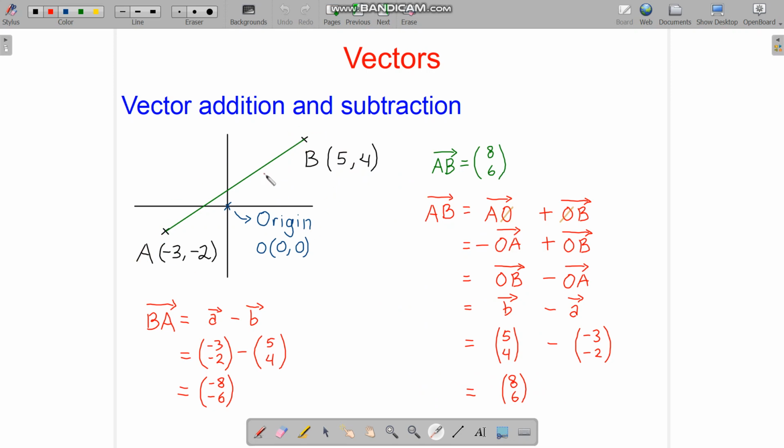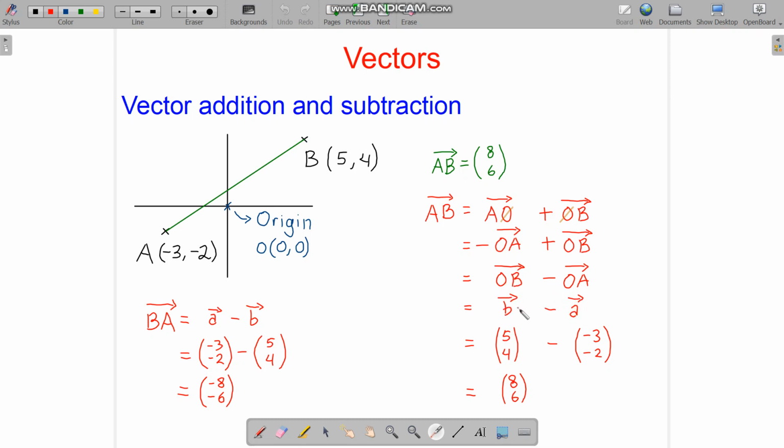Next, you use the same example. The vector AB is 8, 6. We can find the vector AB using the concept that this is the same as AO plus OB, addition, same letter in the middle, they cancel out, we have AB, right? Now AO is the same as minus OA. So if we switch the order, OB minus OA, we usually use small letter b minus small a.